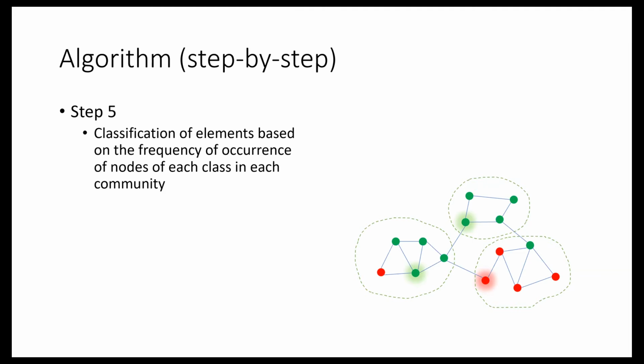So we are marking the previously gray element as green. And for instance, in the community on the right, we mark the gray element as a red element. And this way we are making the classification of the elements of the test set.